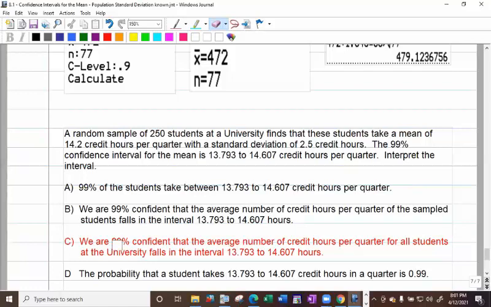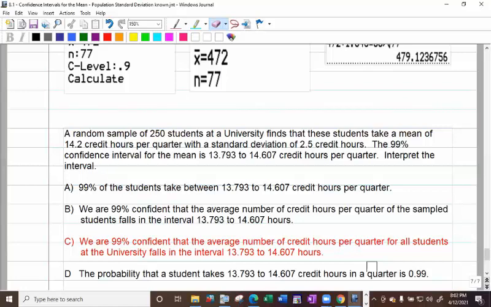Here's the key why this one's right. We are 99% confident that the average number of credit hours per quarter for all students at the university falls in that interval. So we are using that 250 to estimate the mean of all students falling in that interval. That's the key.